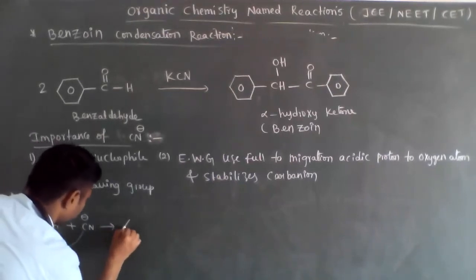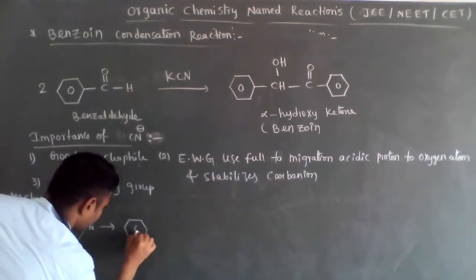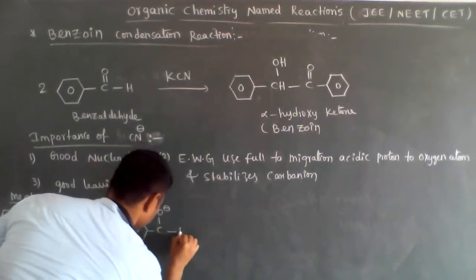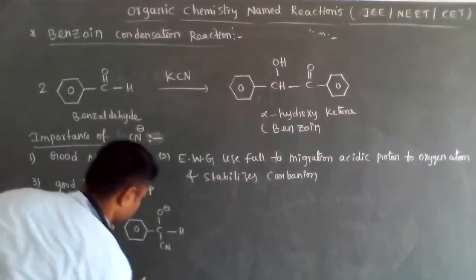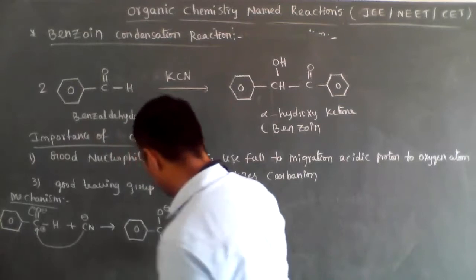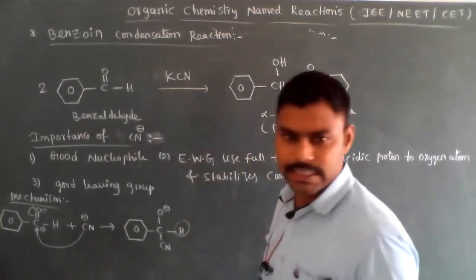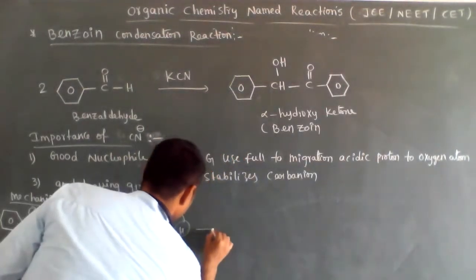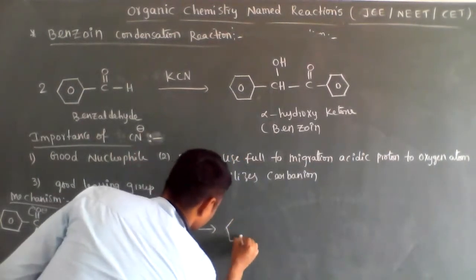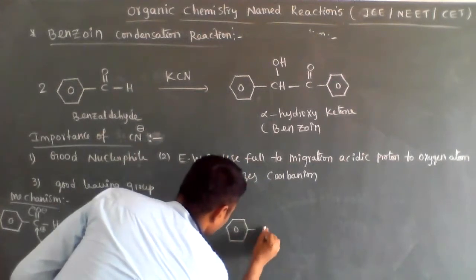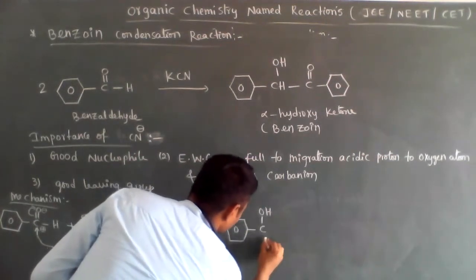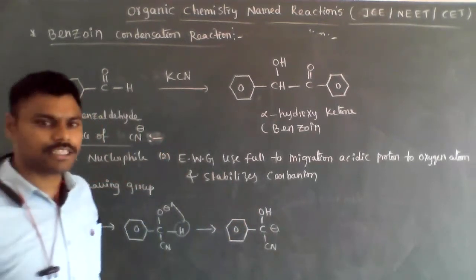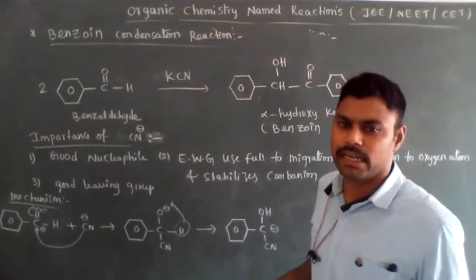Then we get O minus and CN. Now this CN is a strong electron withdrawing group, so this hydrogen is acidic. Then this hydrogen migrates to here, and forms a carbanion.